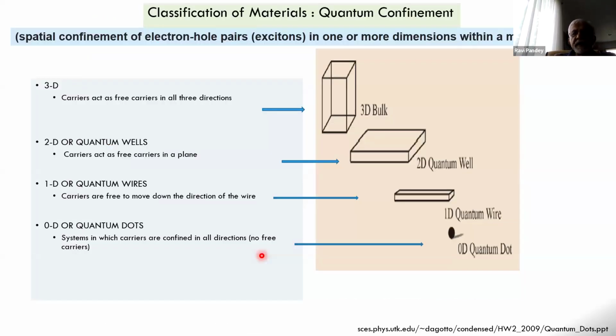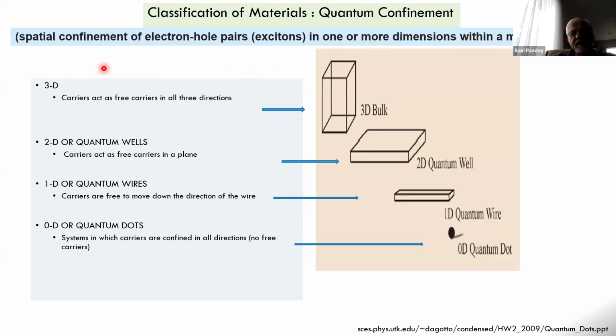Again, I use this slide to explain, especially for the participants, the classification of these nanomaterials. That's based on what we call spatial confinement of electron-hole pairs within a material.